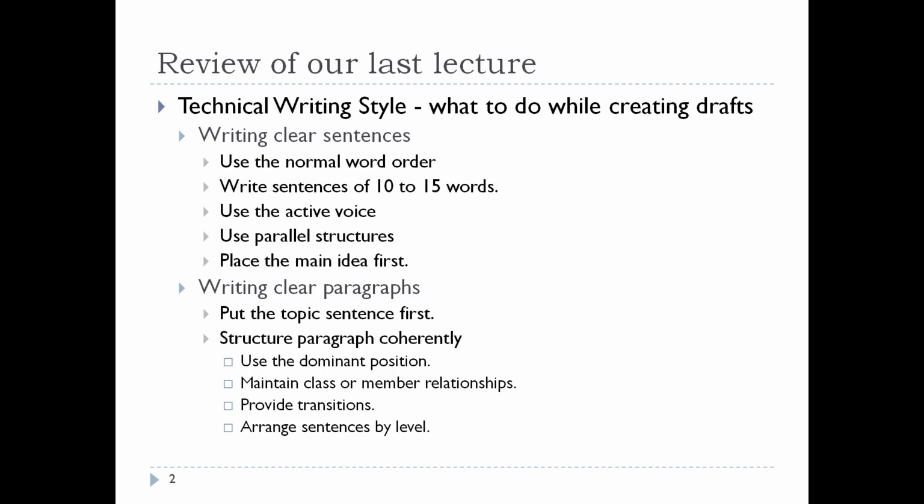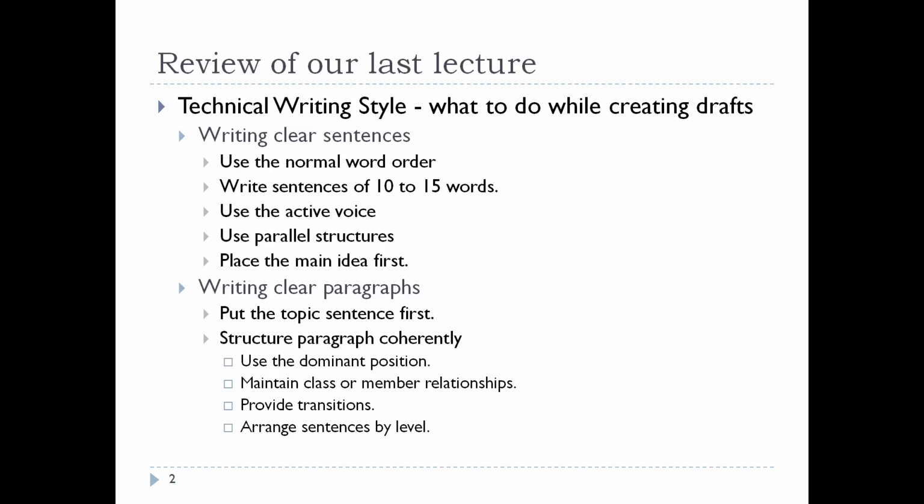Then we talked about parallel structures. We said that there can be multiple elements in a sentence, and you can talk about those elements in the same way. That is parallel structure. We looked at examples of these. Parallel structures make it easier to understand even longer sentences.